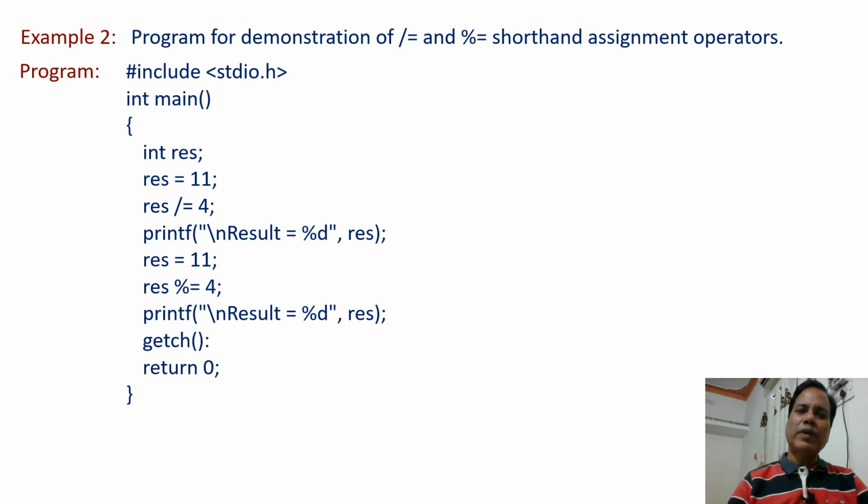and when we write the statement race slash equal to 4, its meaning is the same as race equal to race slash 4. So this variable race, whose value is 11, is divided by 4. Both operands are integers, so it results in 2.